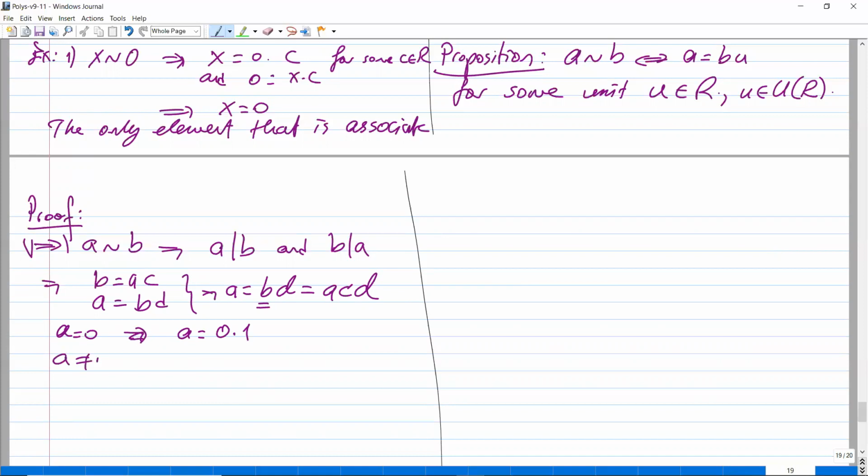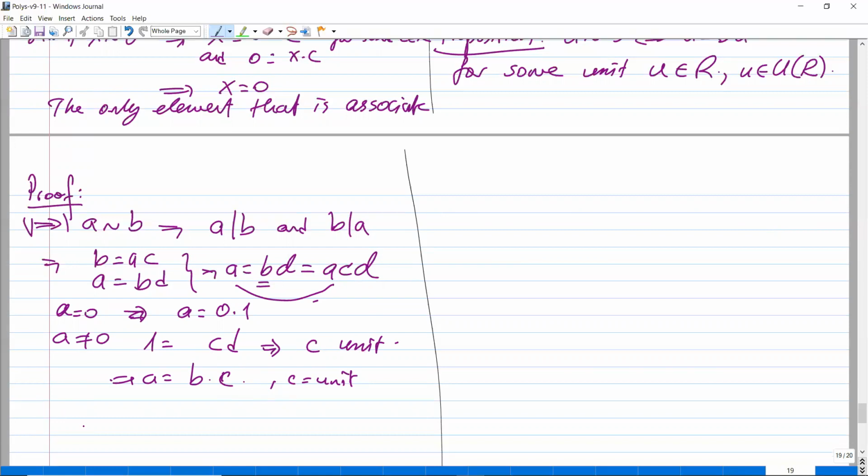If A is not 0, then by canceling A from this equality, we get 1 is equal to C times D. Therefore C is a unit, so that A is equal to B times C, where C is a unit, as claimed.